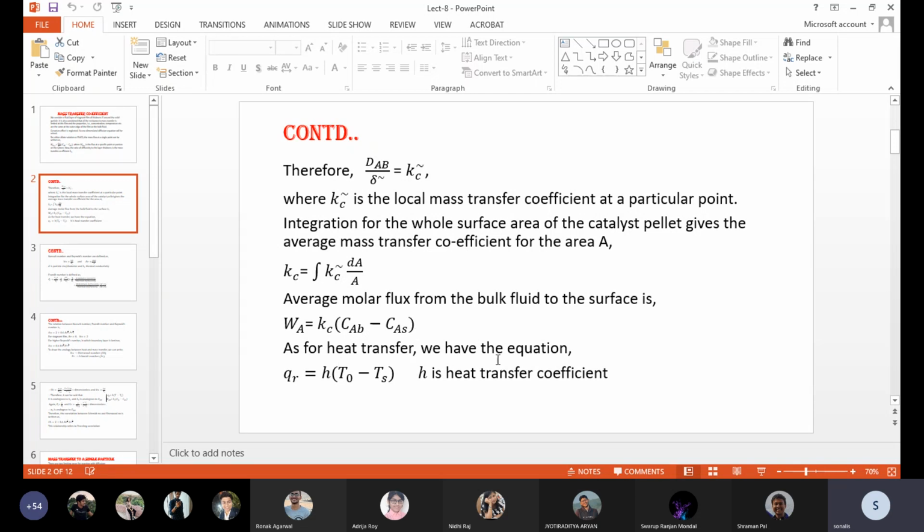As for heat transfer, you have read heat transfer in your previous class, that QR, the heat flux, is equal to H into T0 minus Ts. This is the temperature gradient. H is the heat transfer coefficient.